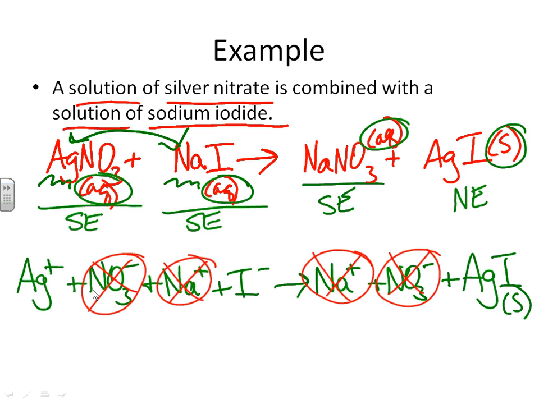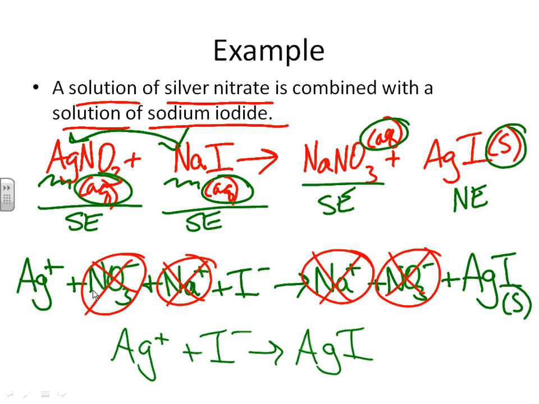These are our spectator ions. The silver and the iodide, on the other hand, exist as individual ions on the left, but exist as a compound bonded together on the right. They're insoluble, so they're not being separated. So that means when we write our net ionic, it's going to be Ag+ plus I- goes to AgI.